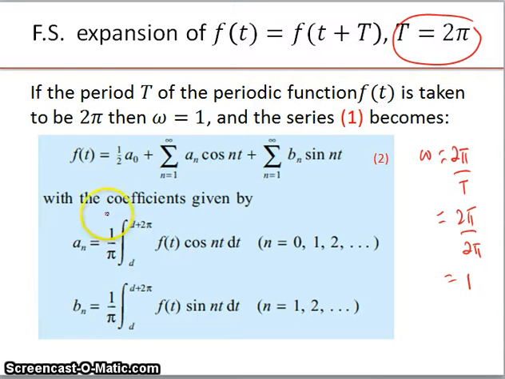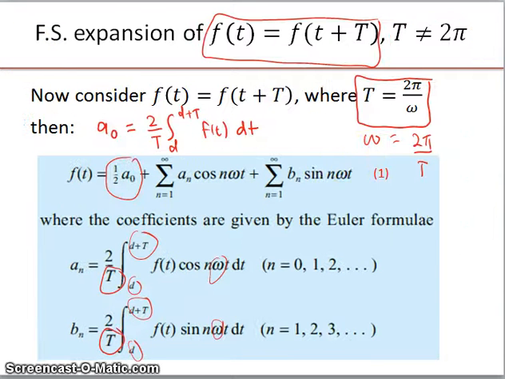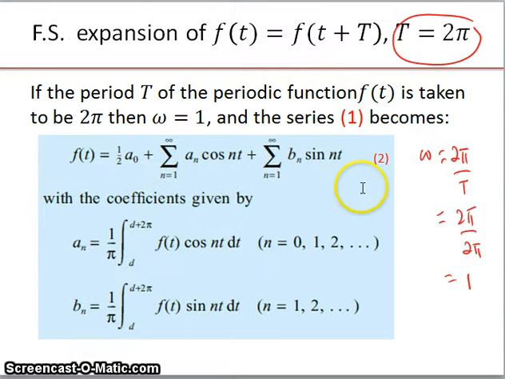So the formula in equation 1 here can now be simplified with omega equals 1, so it becomes like this. What you can see here is a general formula for a Fourier series expansion using trigonometric form for a periodic function where T equals 2 pi.